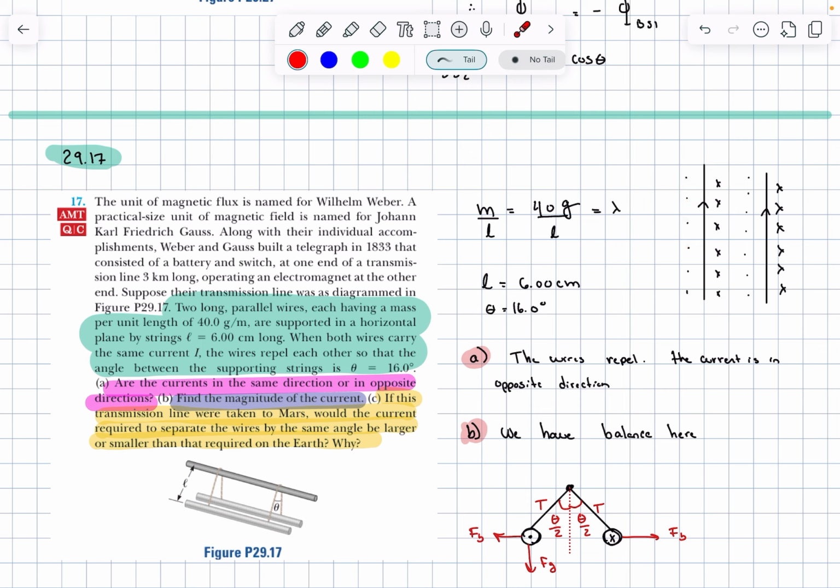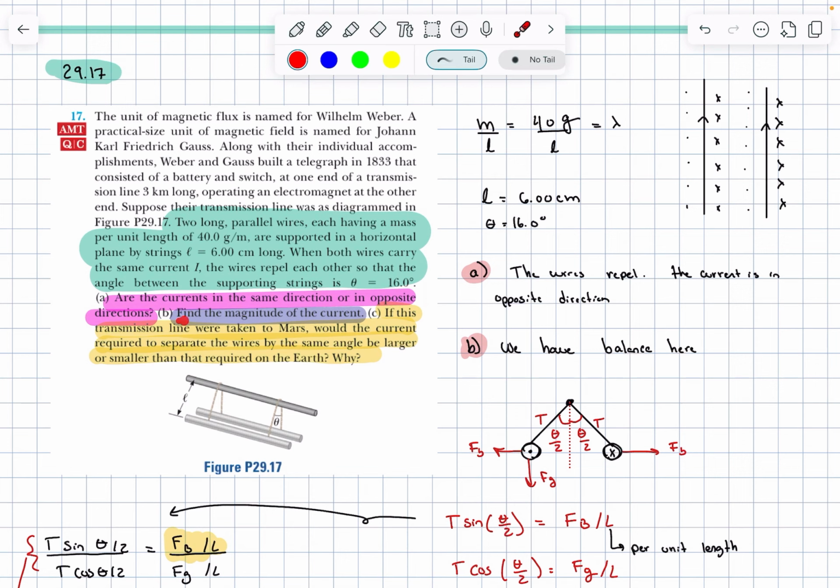We do the same thing for a second wire and we get the same thing. It's coming out and going in. You can think of this as being like positive, negative, whatever, it doesn't matter. But essentially because they're opposites, they are going to attract one another. So if the current's going the same direction, it's an attractive force. We are told that it is a repulsive force, which means necessarily that the current is in opposite directions.